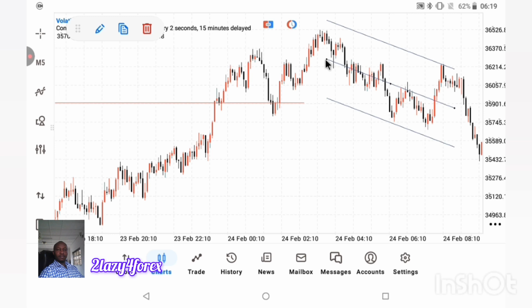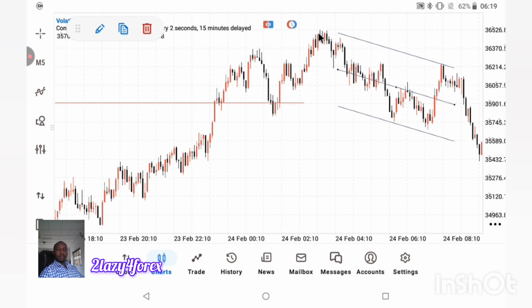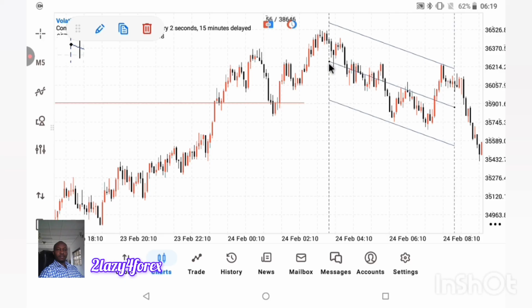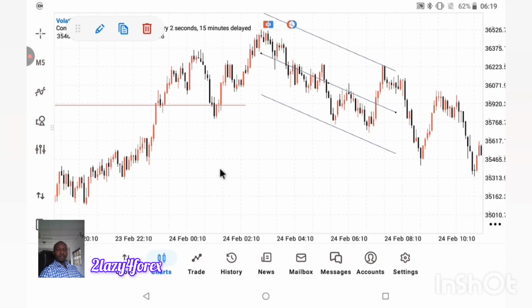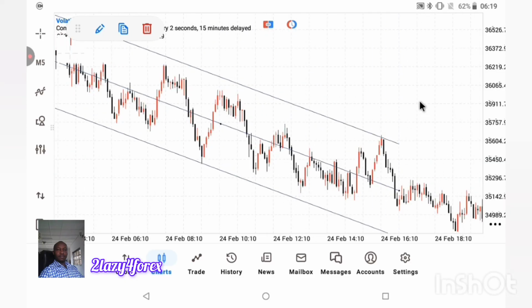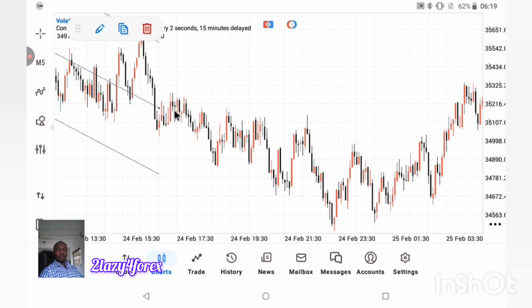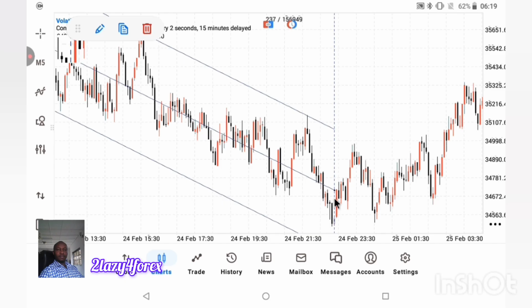This leg, this dot, you make sure the lines rest on the highest candle here. That is the beginning of that pullback leg. Then you pull it down to the last candle. This is the lowest point of this move. So you put it on that lowest candle.